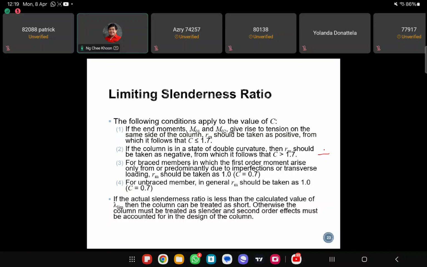So if you have a column like this, the top moment here will go in that direction, and then the bottom moment here also goes in this direction. So the column will try to bend in this direction, right?